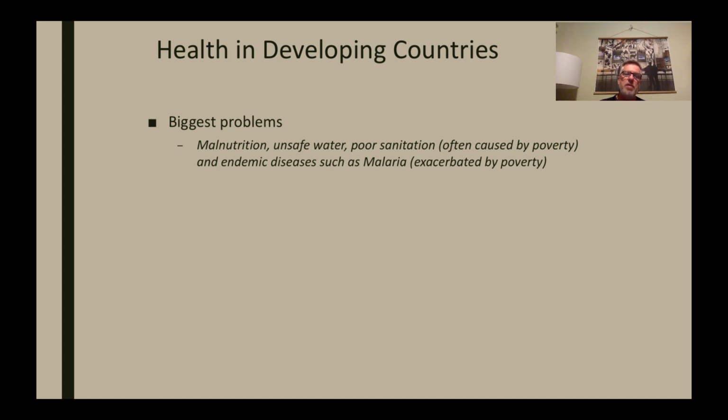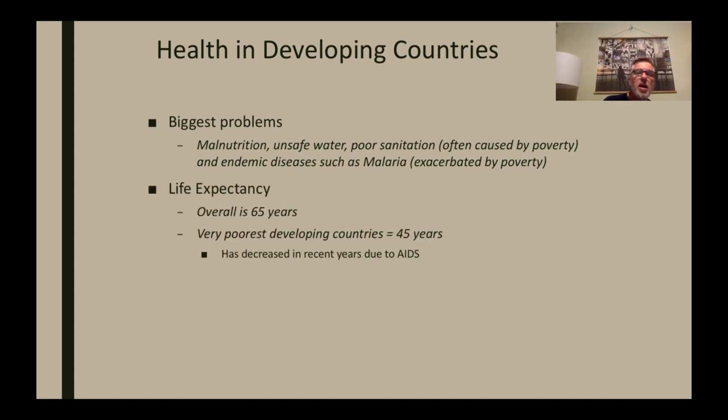And so they fall more into what I would consider the pertinent areas of environmental disease for our purposes, which are diseases that are made worse by human society or that are entirely caused by the way we organize human society. The life expectancy in developing countries is about 65 years. In the very poorest developing countries, it may be closer to 45 years.